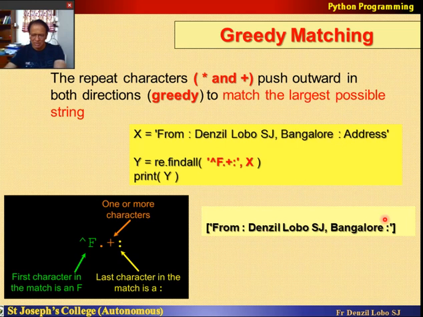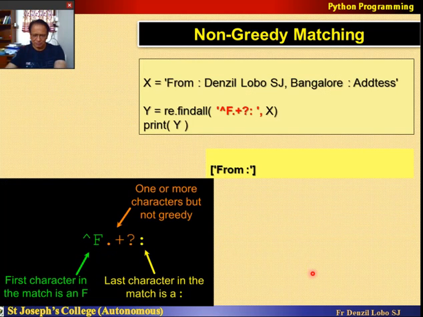You go on matching till you find as many matching characters as possible. As you see here, this starts with F. The last character in the match is colon. So any character one or more times.